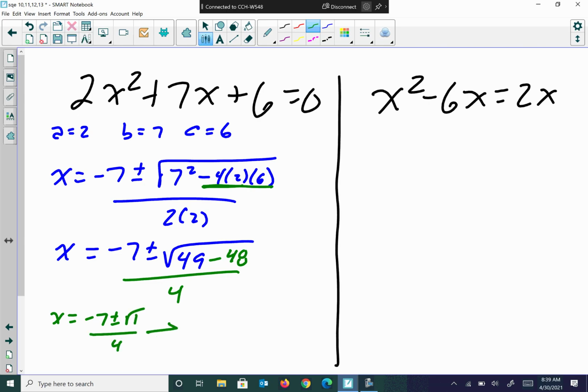And the square root of 1 is equal to 1. And I go negative 7 plus 1 is negative 6 divided by 4, which gives me negative 3 over 2. And negative 7 minus 1 is negative 8 over 2, negative 2.